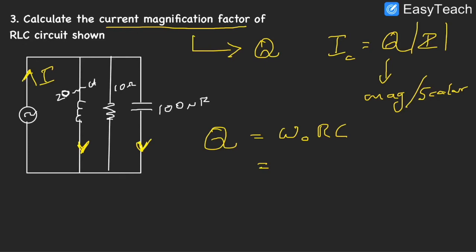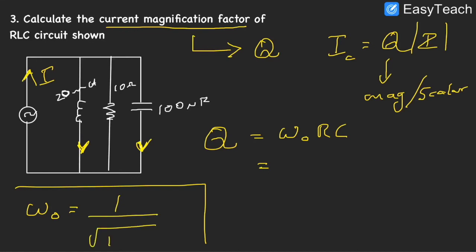Once again, if you remember, omega naught is 1 over root LC. So Q is going to be RC by root LC. This is the expression for finding Q.